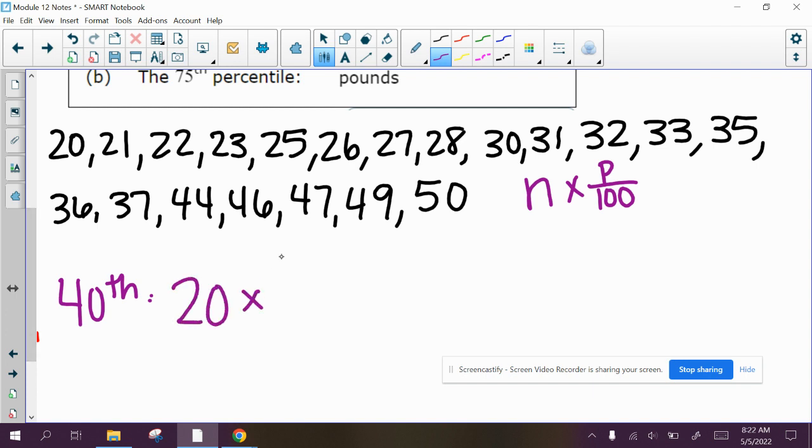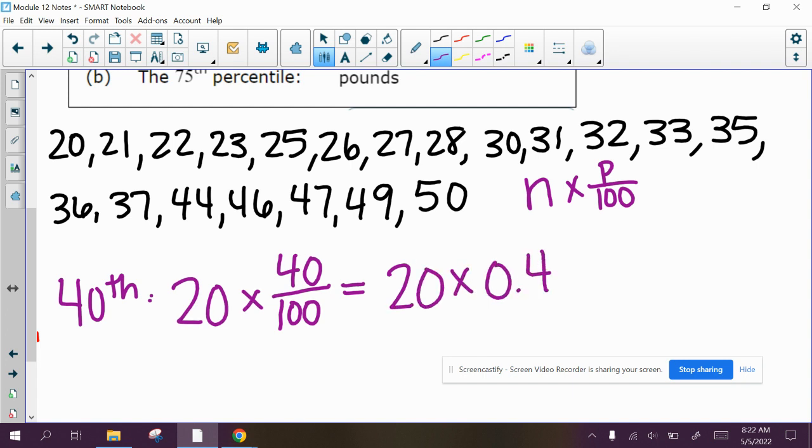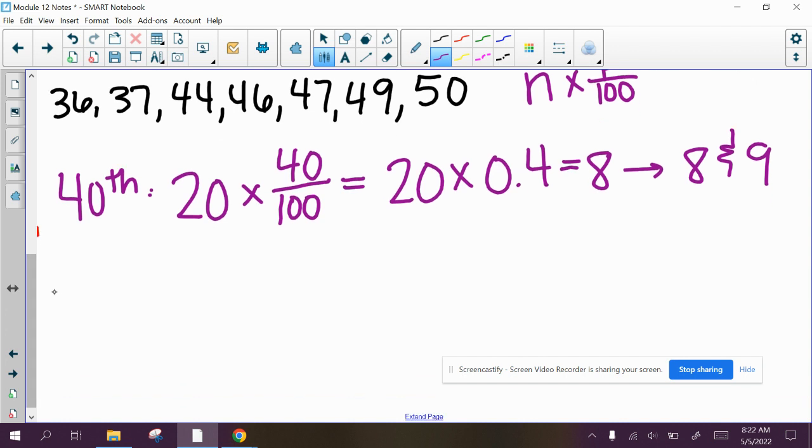We're going to take that times 40 divided by 100, which is going to give us 20 times 0.4. And 20 times 0.4 is equal to 8. So we are going to take 8 and 9 and find that average. We'll go back and do that in just a second, because we're just going to do 75th really quick.